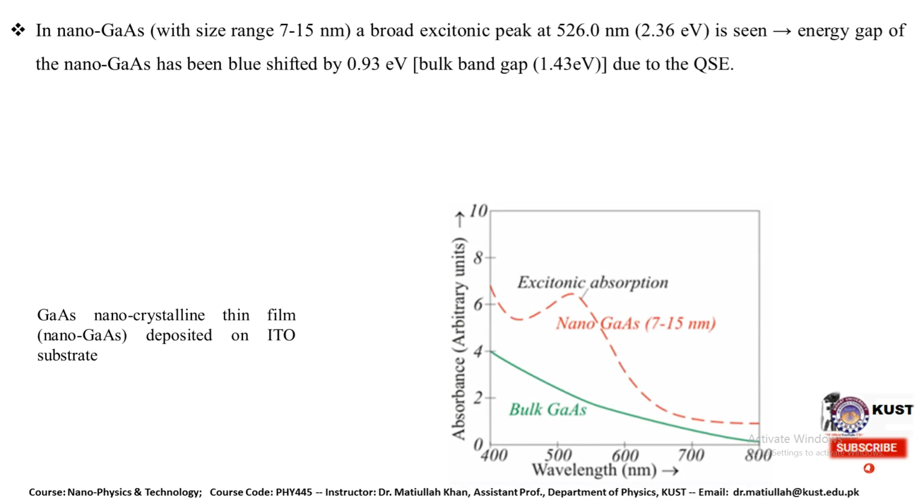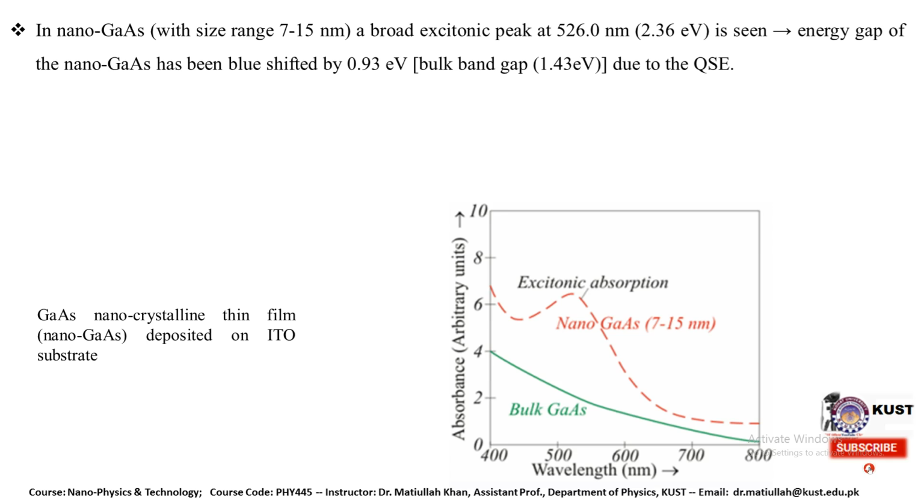So we can consider some semiconductor material, just like GaAs, gallium arsenide, in nanoparticle size, around 7 to 15 nanometer. There is a broad excitonic peak at around 526.0 nanometer, and that leads to the band gap of 2.36 electron volt.